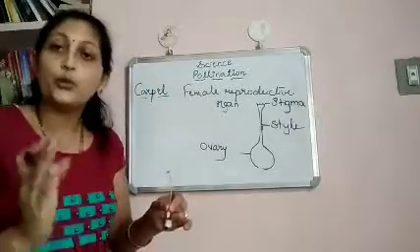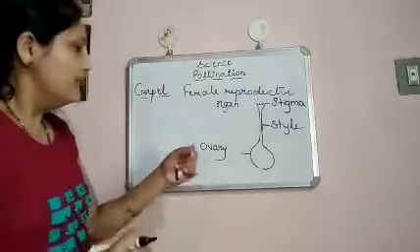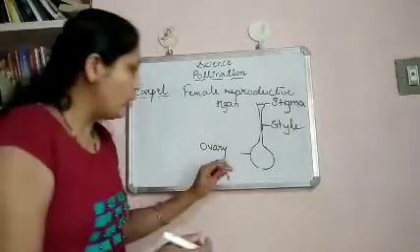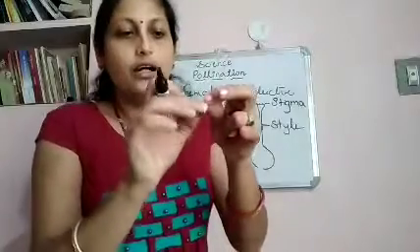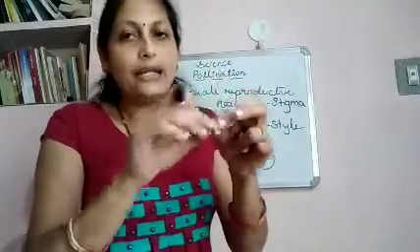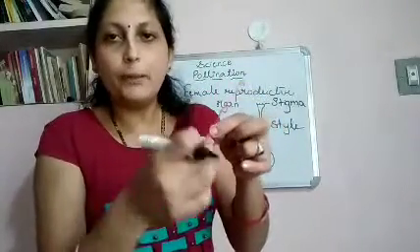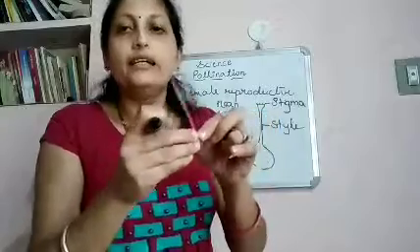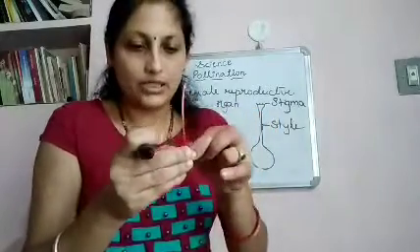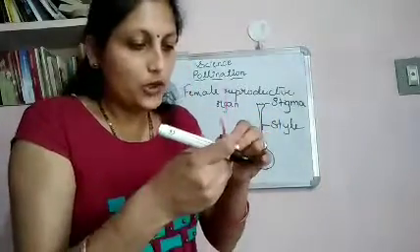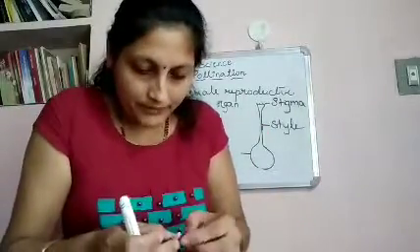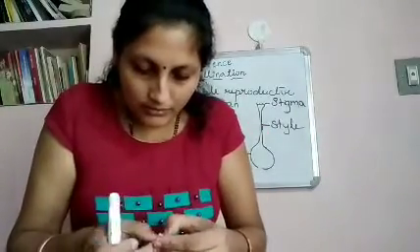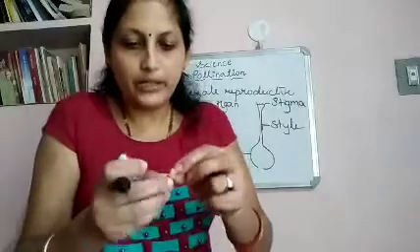Inside this ovary, there are small bead-like structures. When you cut open the ovary, you can observe them.